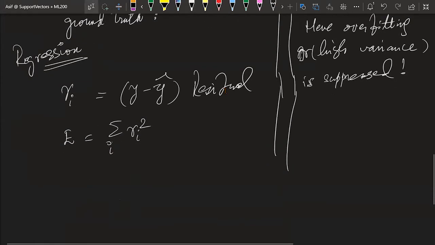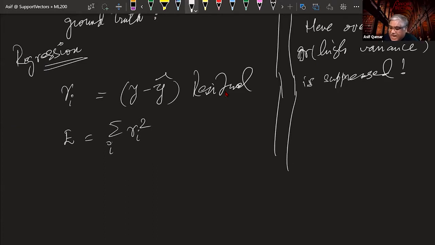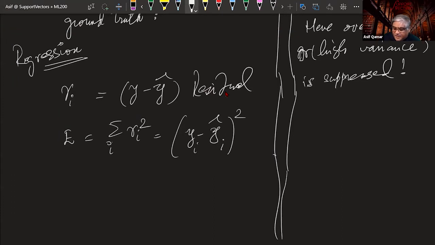Now, given this, what you can do is expand this error out as y minus y hat, squared. Let's do a little bit of mathematics here. This comes to y_i minus, what was y hat? Beta naught plus beta 1 x1 plus beta 2 x2, etc. But let me stay with one dimension for the time being.